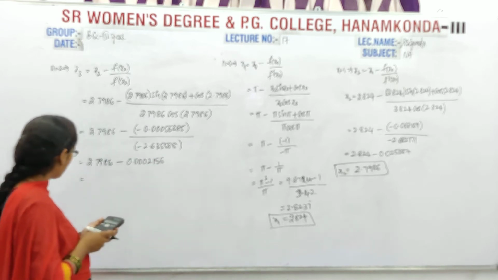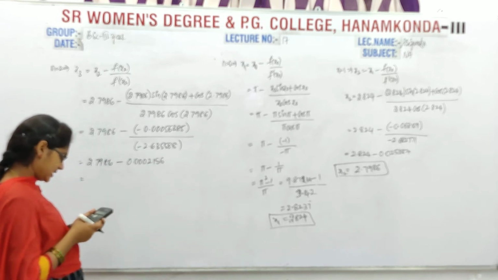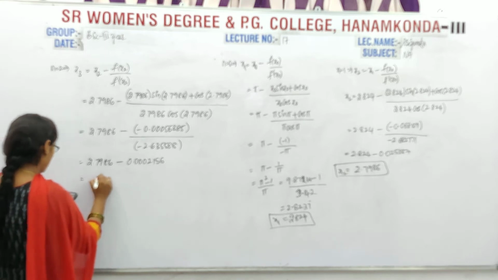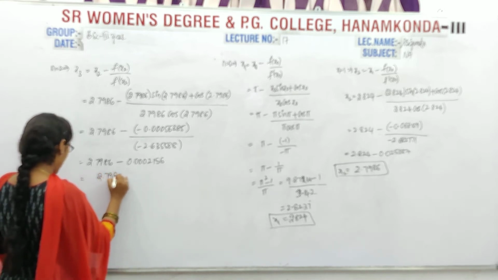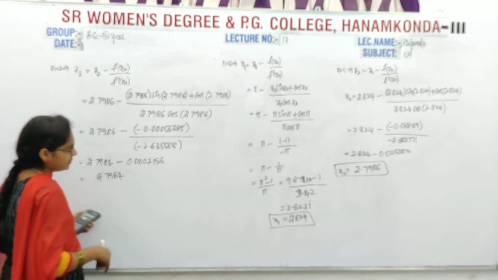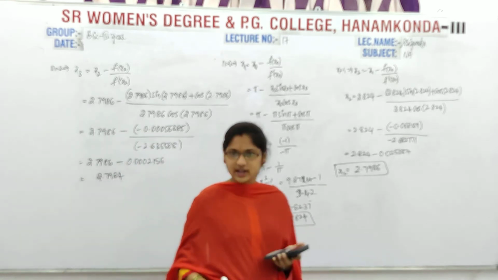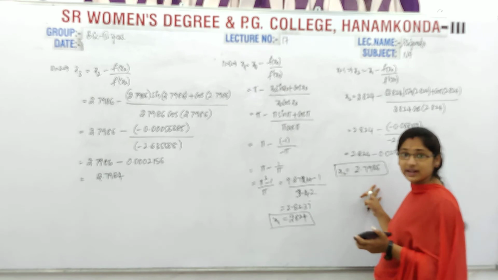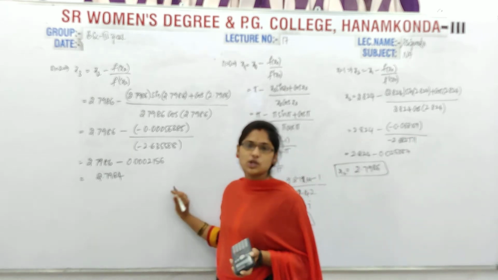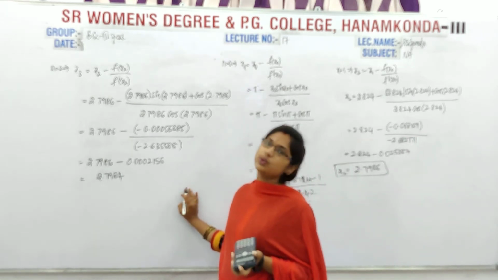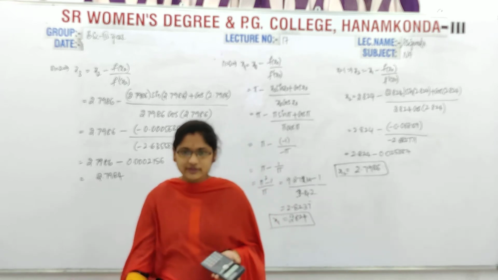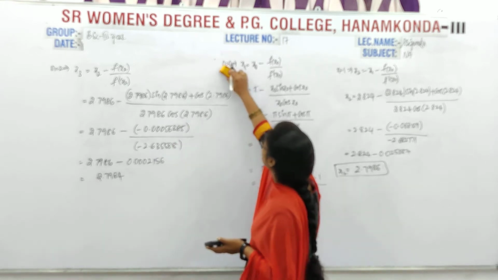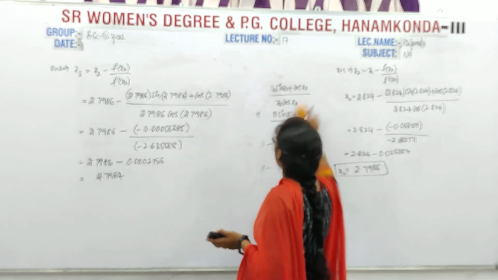Okay, minus 2.7986. Now it is 2.79838, so I am taking it as 2.7984. So it is a very near value, 2.7984 and 2.7986. Just 0.0002 is the difference. So if I go for the next iteration, maybe there is a chance to get the exact value. Okay.